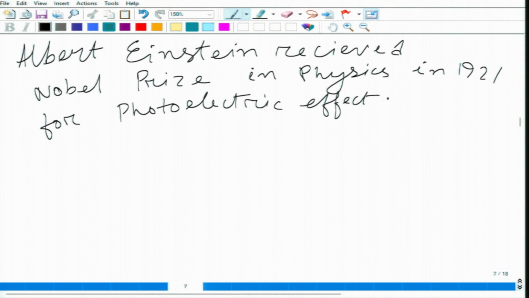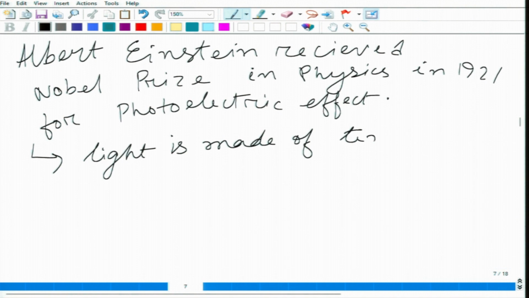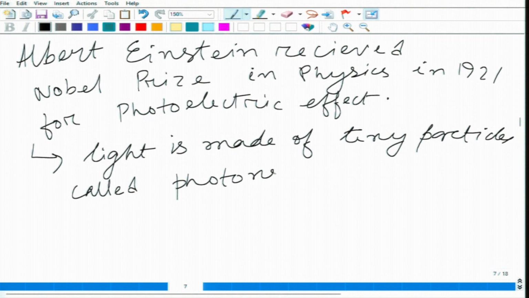According to Einstein, light is made up of tiny particles called photons. Each photon has an energy of h nu.